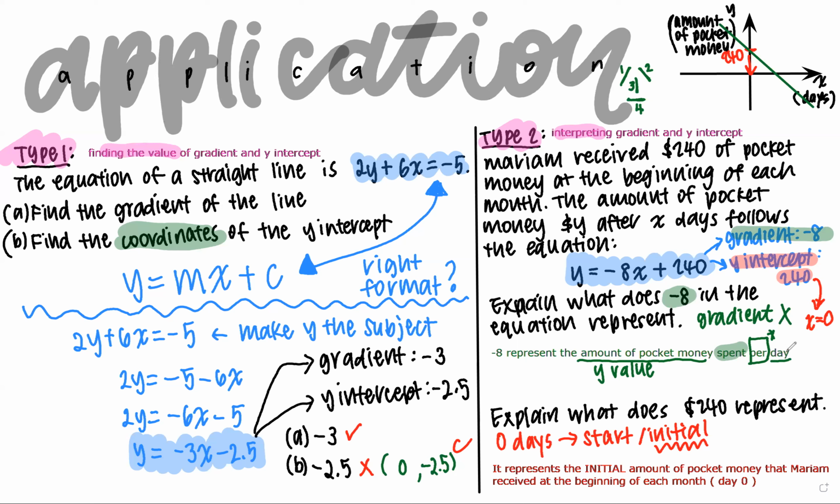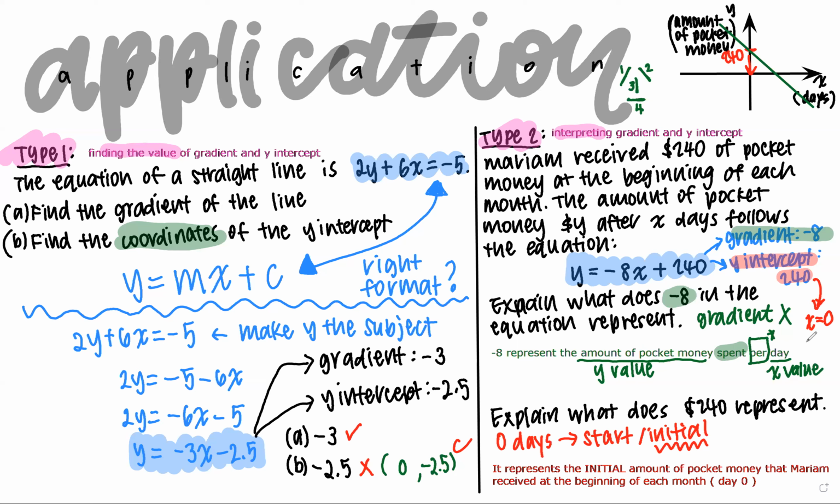Then day refers to the x value. Let's say the question changed, meaning they changed to a different y value and x value. It means you cross out this and write something else, cross out this and write something else. Per means every. Do you understand now? So this is how you explain a gradient question.